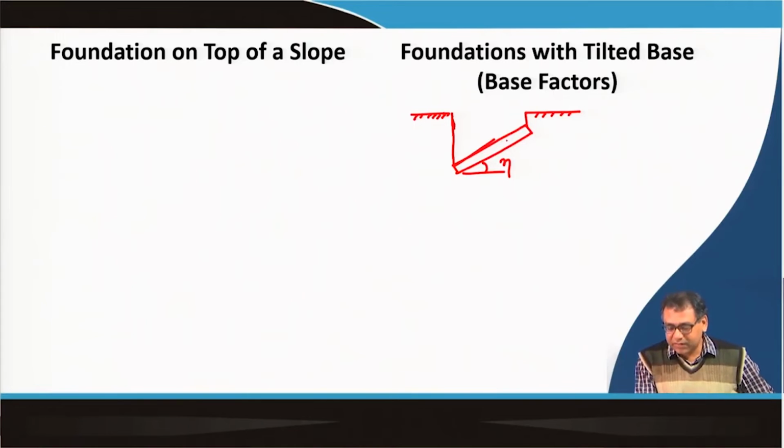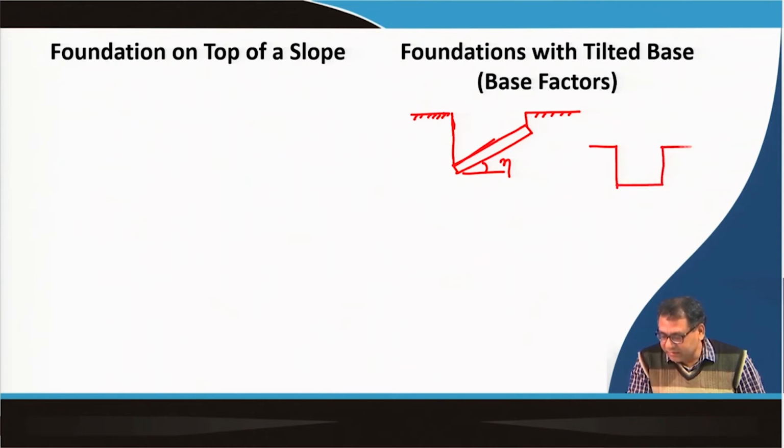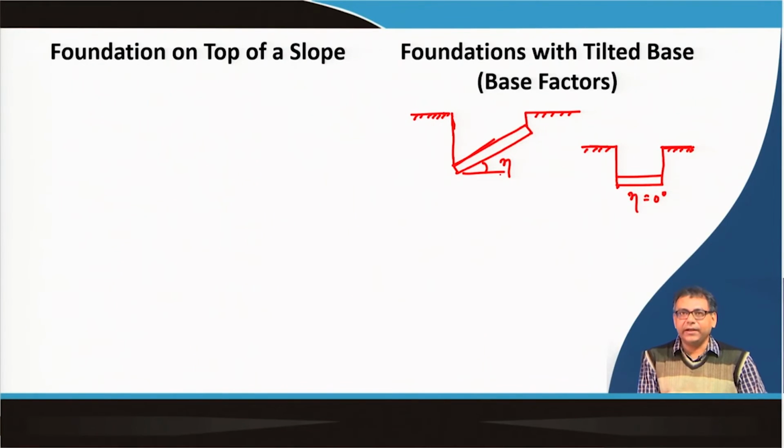Our normal foundation is like this, where the tilt is 0. This is our foundation where tilt is 0. But here the foundation is tilted with an angle. Then how can we determine the bearing capacity?